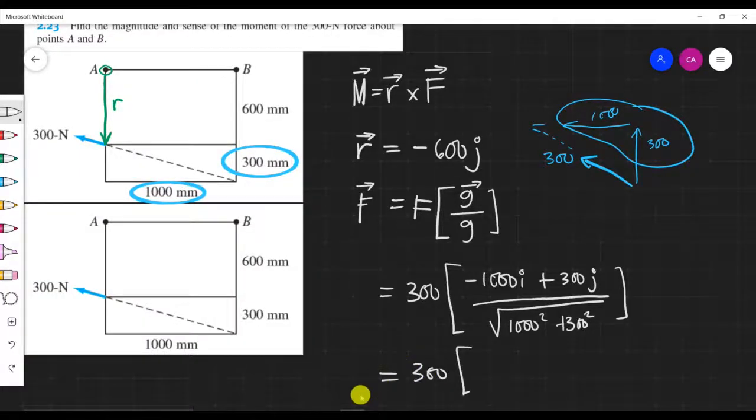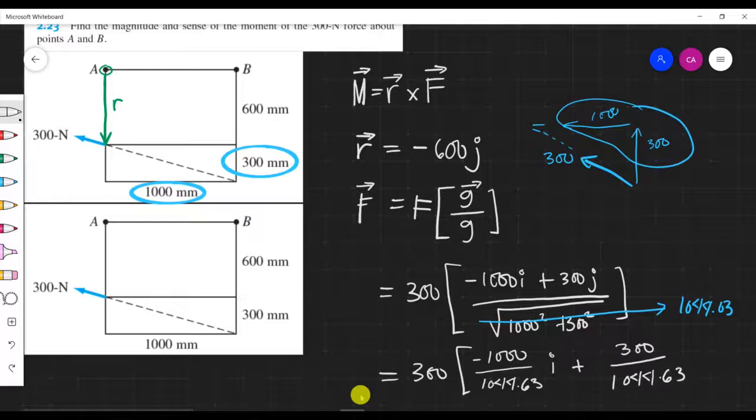Okay? So, negative 1,000, distribute natin yung denominator. 1,044.03 I plus 300 over 1,044.03 J. Dinistribute ko lang yung denominator.